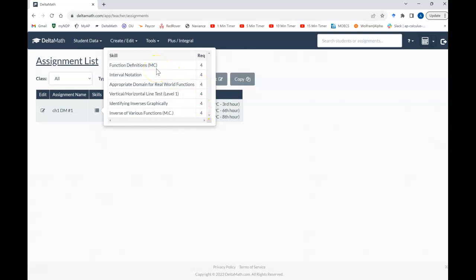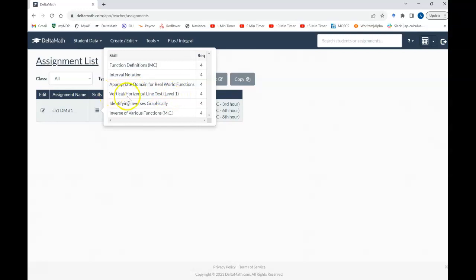You have to do 4 correct from each type. The first problems are just deciding if something is a function or not. Second set is writing things in interval notation. Third set is like figuring out the domain for a story problem where there's a real world, the variables mean something.